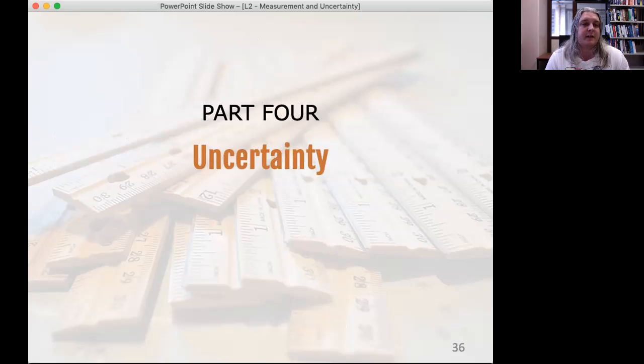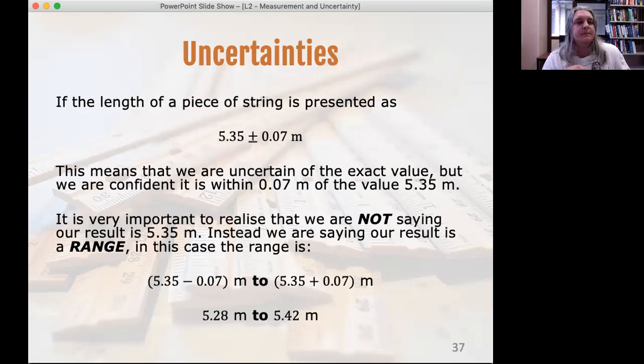Now, the last part of this lesson is also one of the trickier ones, but we will go over this in the lab. If you get given a value with an uncertainty, that's this little plus or minus figure at the end of it, what it's telling you is that the person who took that measurement or who found that result is only confident that the result is within that range of that central value. So there's a couple of terms that I need to explain there.